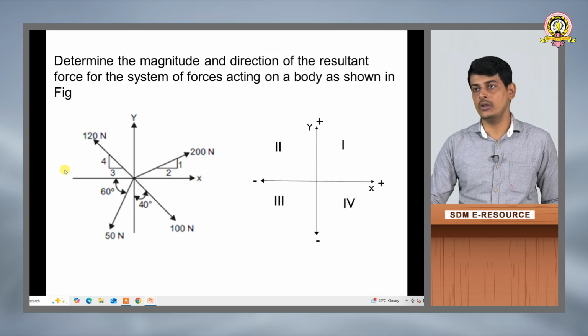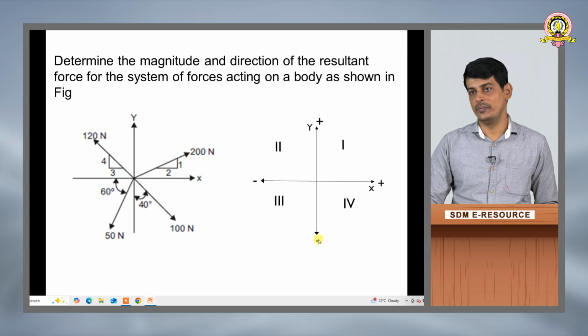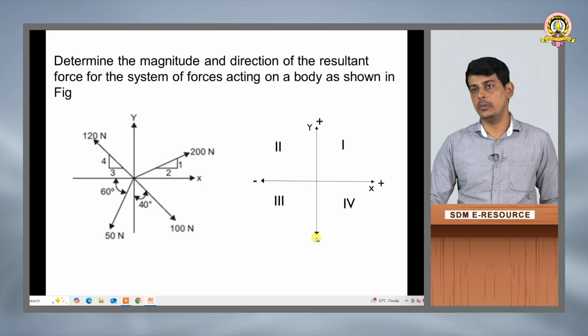Usually the first quadrant is where both x and y are positive, in the second quadrant x is negative and y is positive, in the third quadrant both x and y are negative, and in the fourth quadrant x is positive and y is negative. By solving this problem, we may be able to identify the quadrants as well as make the concept clear.